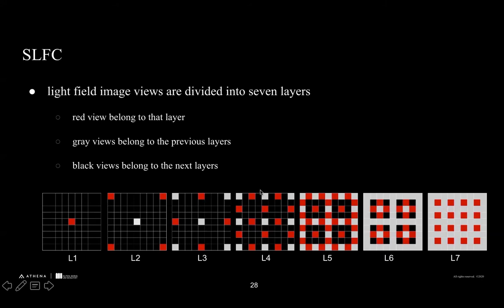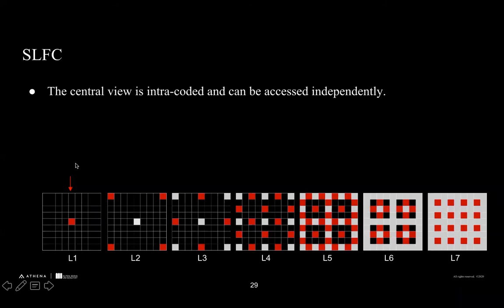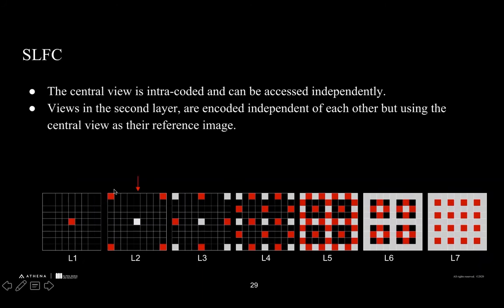So this procedure continues to other layers. For encoding, the most central view in layer 1 is always intra-coded and can be accessed independently. Corner views that are added in layer 2 are encoded independent of each other, but all of them use the most central view of layer 1 as a reference image.